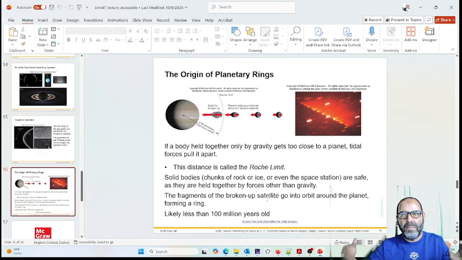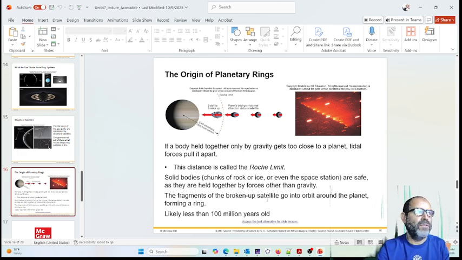But if you take a bigger, roughly spherical moon, 400 kilometers or more, gravity is the dominant force, and gravity will give in if you bring the object within that limit of about 2.5 times the radius of the planet. That's how rings form on the outer planets. Okay, thank you.